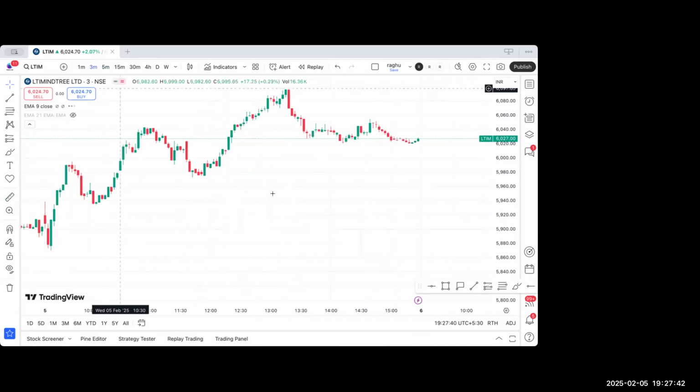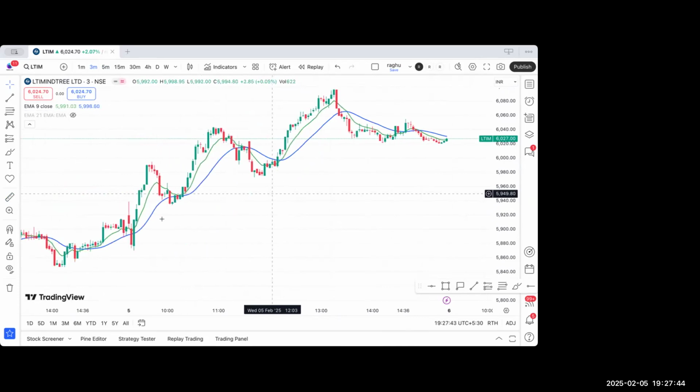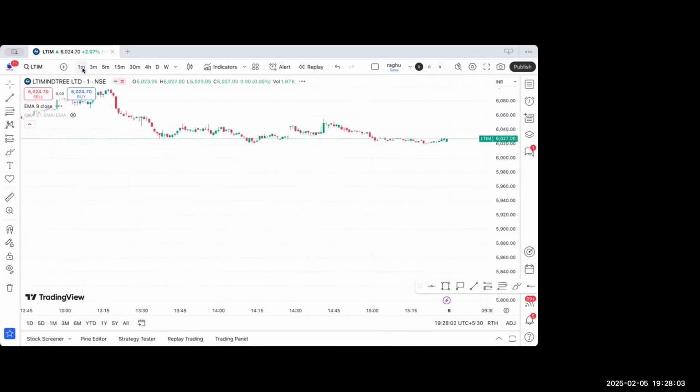So this is basically a 3 minutes time frame. You enter here, exit here, stop loss triggered, it came down, you wait, got an entry again, enter here, exit here, stop loss triggered, again entry here, exit here, stop loss triggered. This is for a faster trade setup.